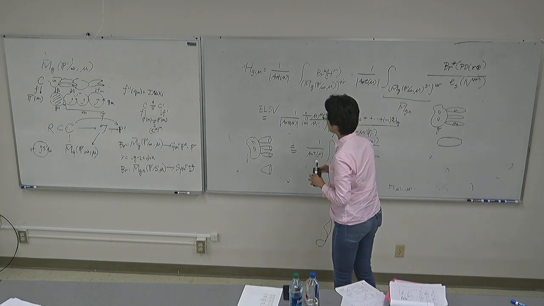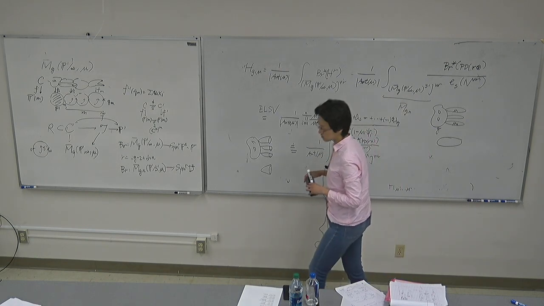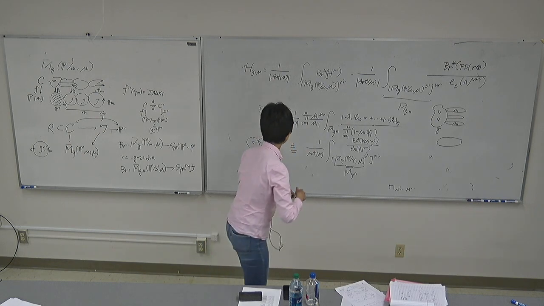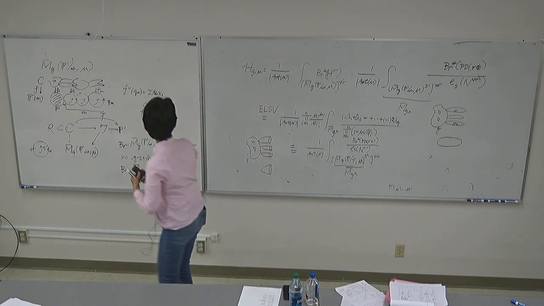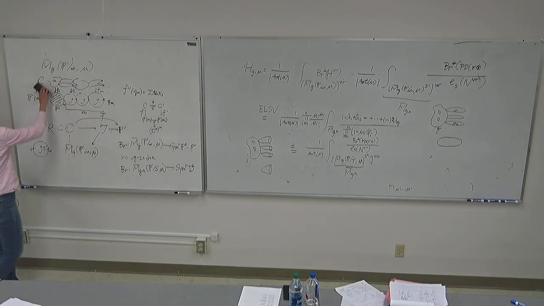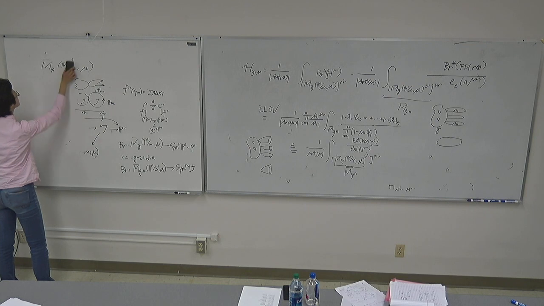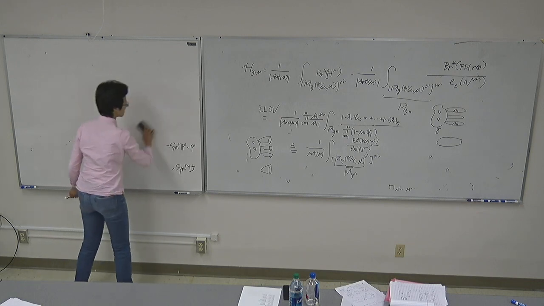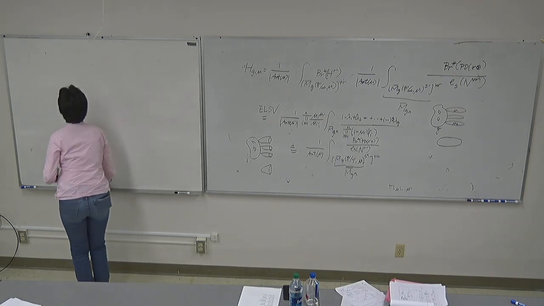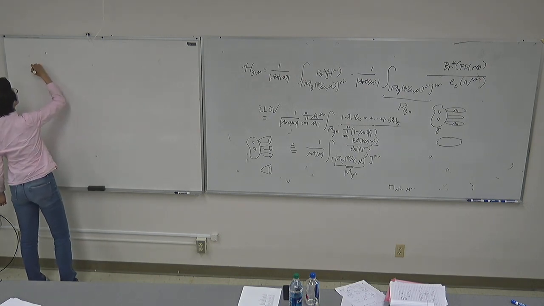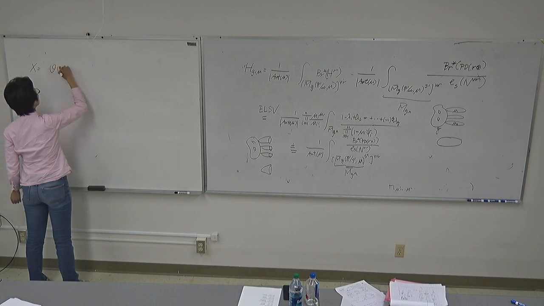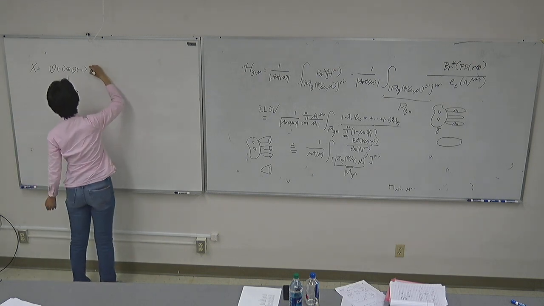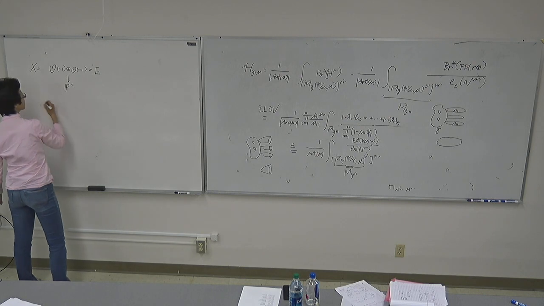So the next case is that we want to apply the same strategy to this topological vertex. Maybe let me call this E, and then there's an involution.